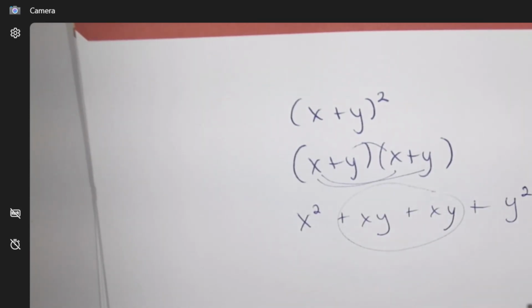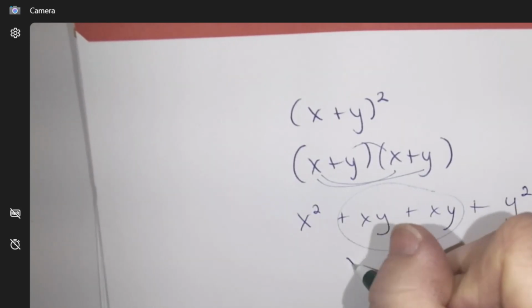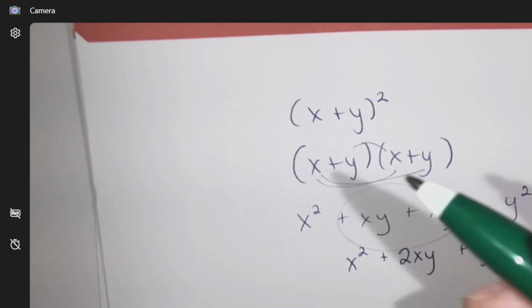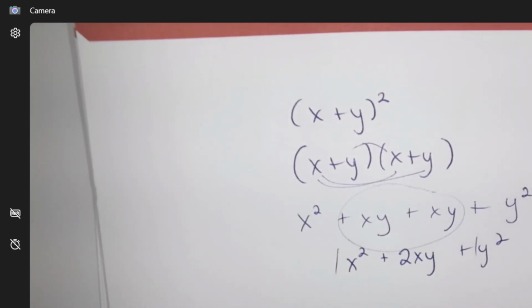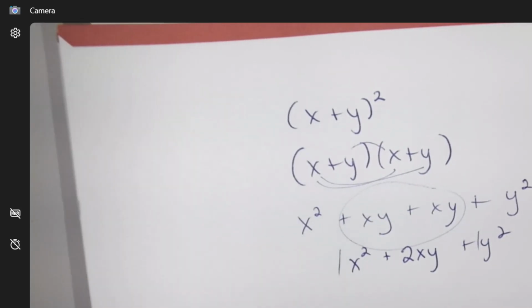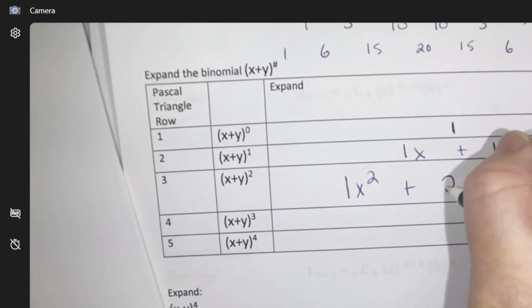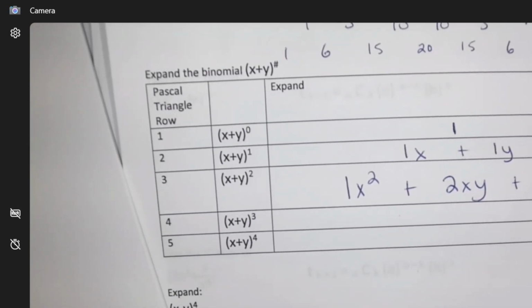This together makes 2xy. Okay, so there we go. There's our answer. I'm going to add a 1 and a 1 in front of those things just so we can see stuff. So I FOILed it. I got 1x squared plus 2xy plus 1y squared.